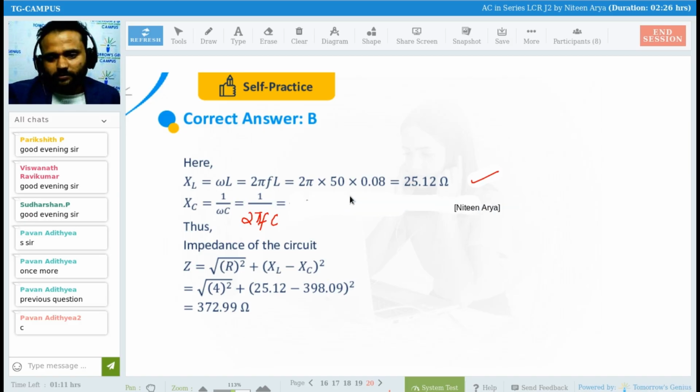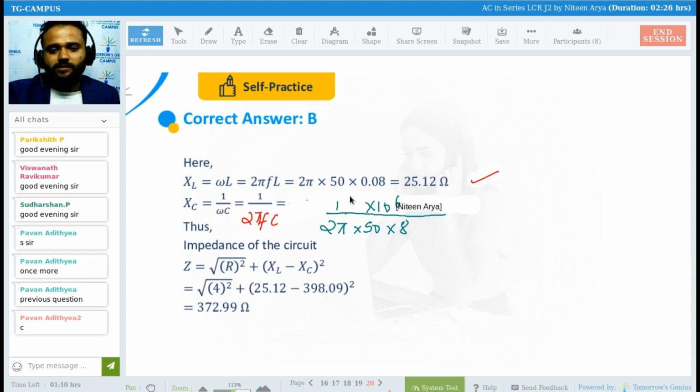I can tell you the method and then you can find the correct one. It is going to be 1 upon 2 pi into 50 and then into 8 and into 10 to the power negative 6, which is 1 into 10 to the power positive 6. So whatever the answer is going to be, put it in there and then find the answer.